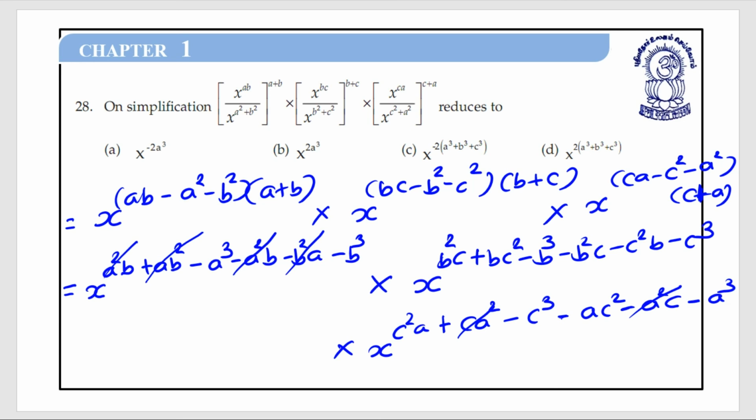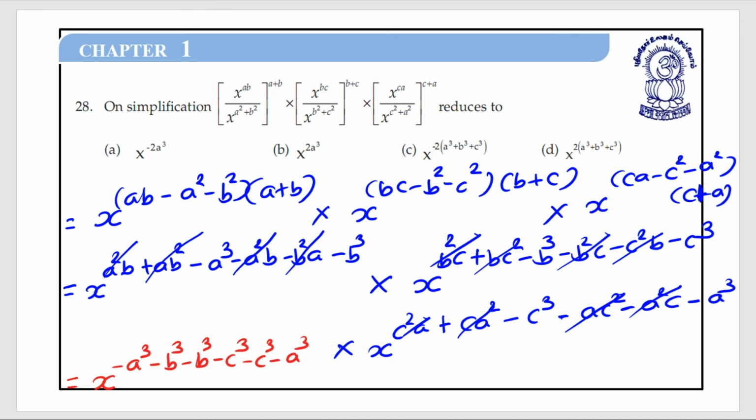Here the sign is minus, because minus plus minus, minus c square. Okay, minus ac square plus c square cancel, bc square minus bc square, minus b square c plus b square c cancel. So the remaining is x raised to minus a cube minus b cube minus b cube minus c cube minus c cube minus a cube.